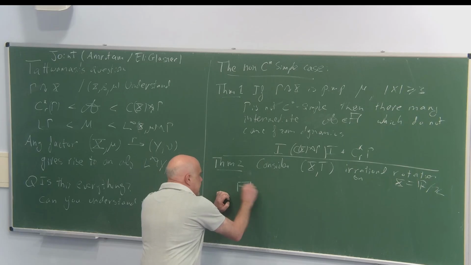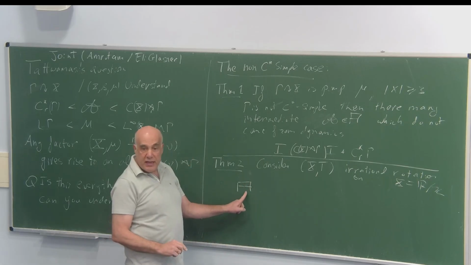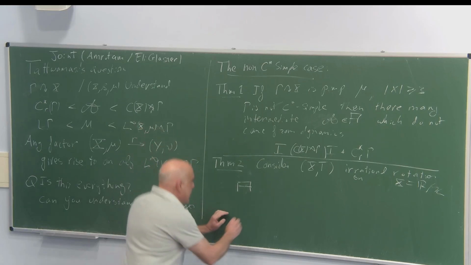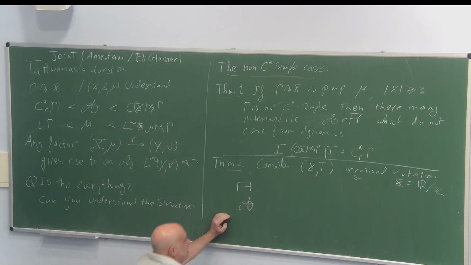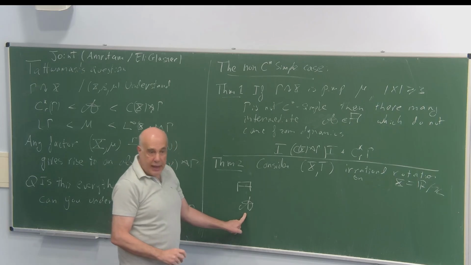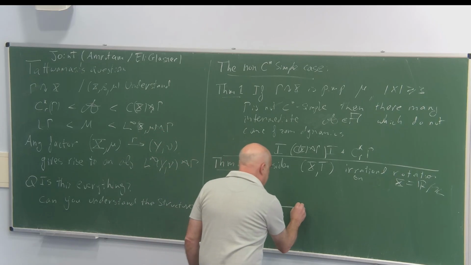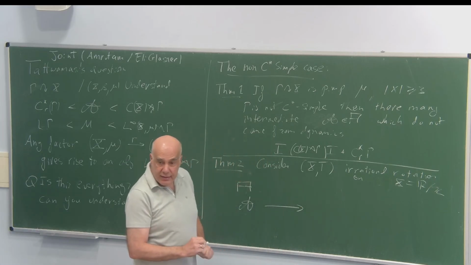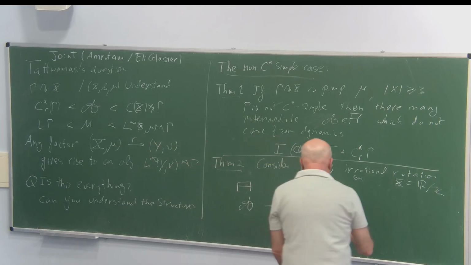So here is the collection of all intermediate algebras. I can look here at an intermediate algebra A, and let me associate with it a sequence of ideals.